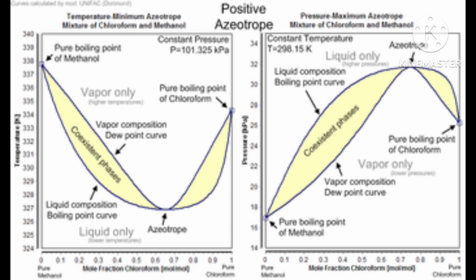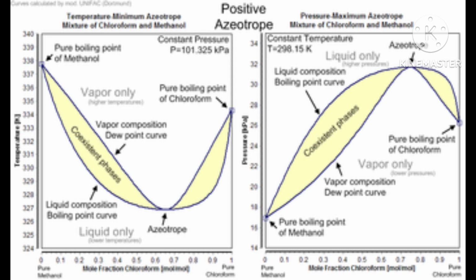On fractional distillation, it gives this azeotropic mixture of ethanol and water. Distillation gives a solution containing approximately 95% by volume of ethanol. In this mixture, 95% ethanol will be there and 5% water.